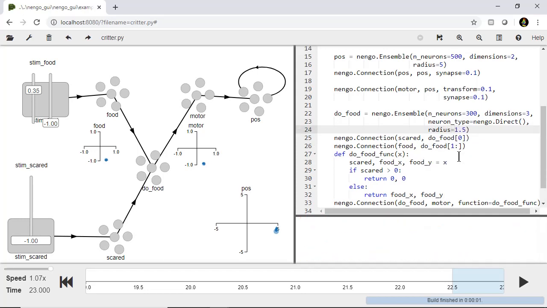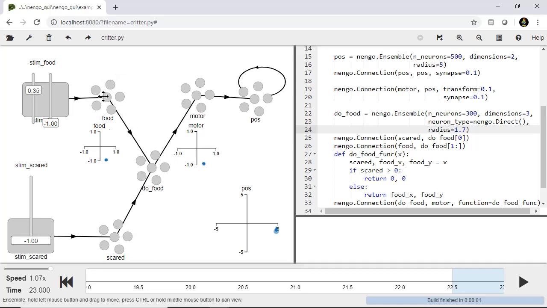Technically, if you wanted everything to be able to be values between -1 and 1, then that would give you a radius of square root 3. But the food is already representing things in a radius of 1.